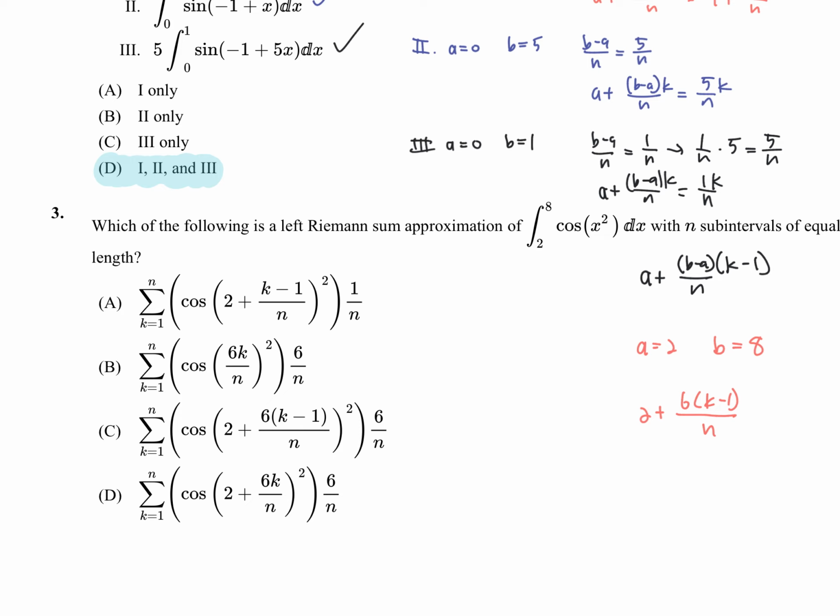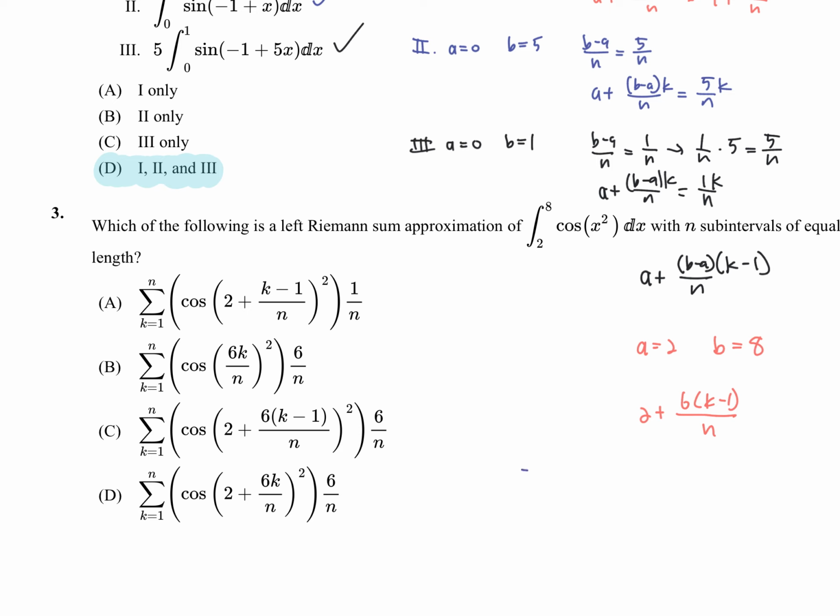Okay, so notice if we substitute this in for x, we'll now go to the limit sum definition. And actually, they say what's the left Riemann sum approximation, and so all these answers are approximations because they don't have the limit as n approaches infinity on the outside.